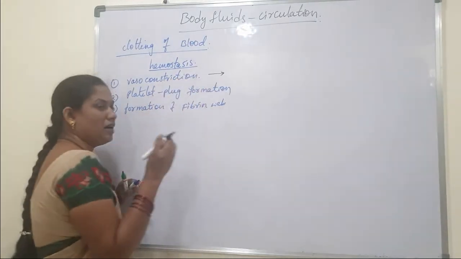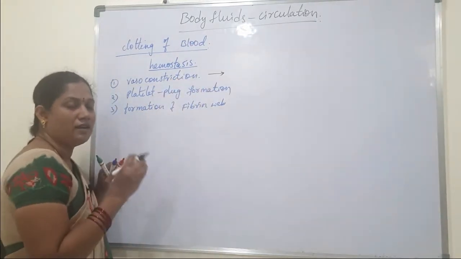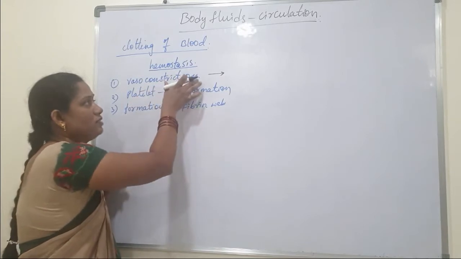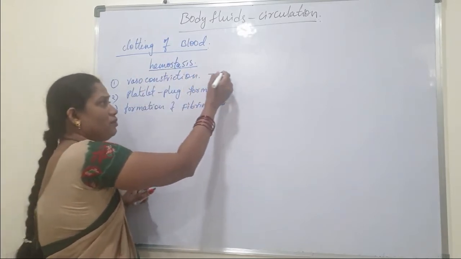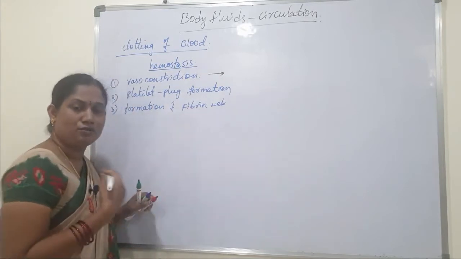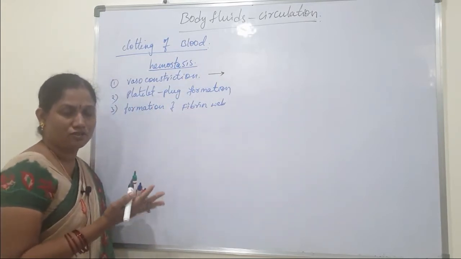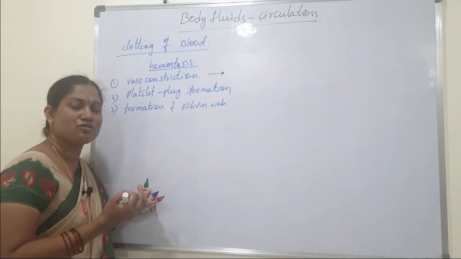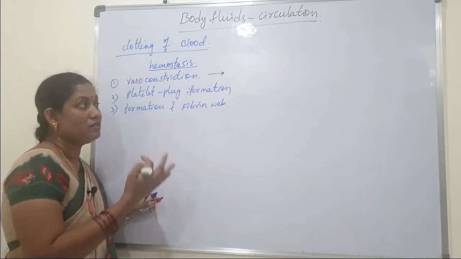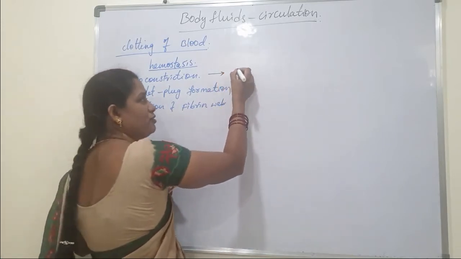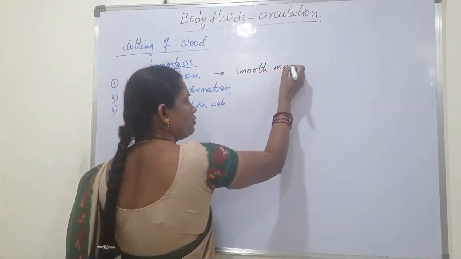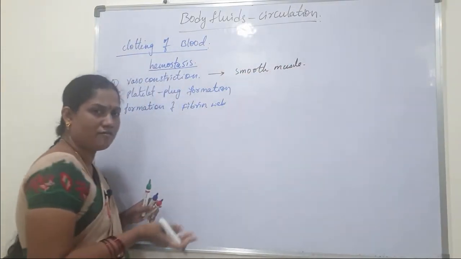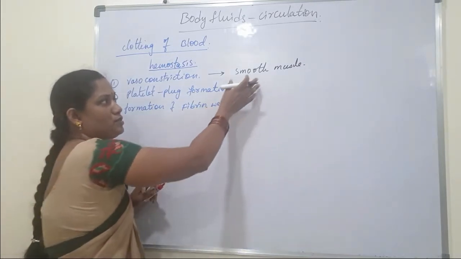If any minor injury or damage takes place to the blood vessel, this takes place. Normally, the blood vessel is made up of three layers: tunica externa, tunica media, and tunica interna. The tunica media is made up of smooth muscle, in both arteries and veins.